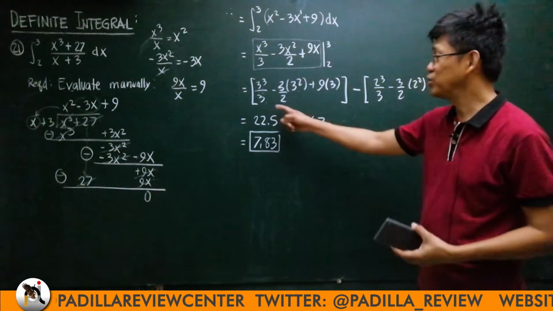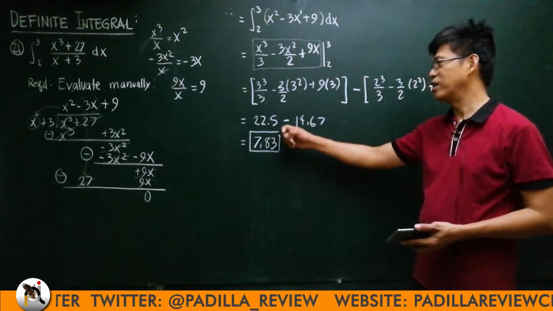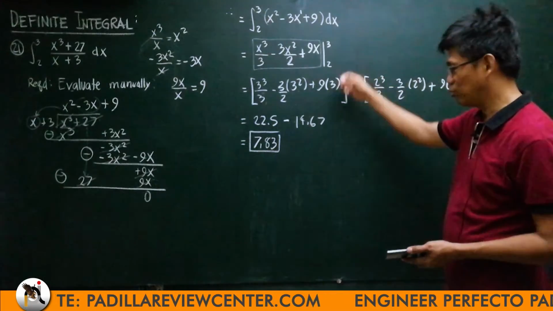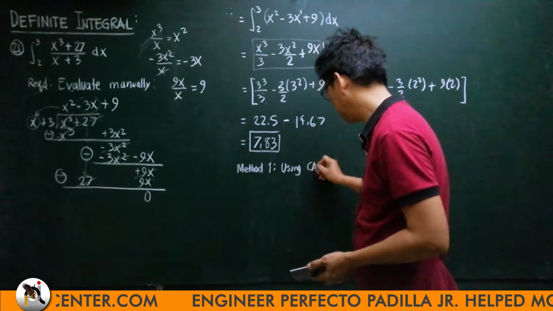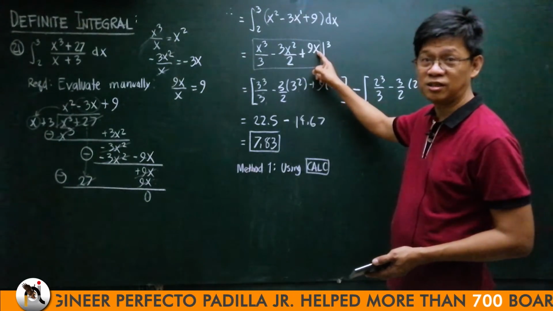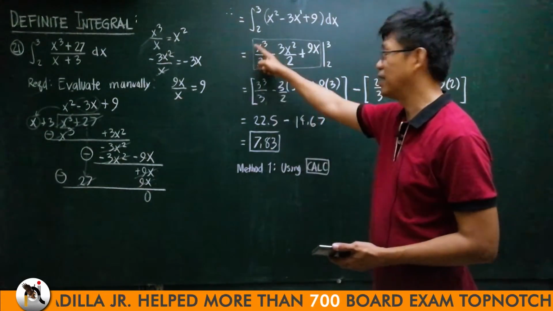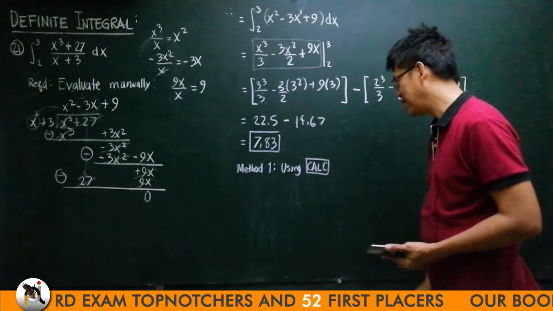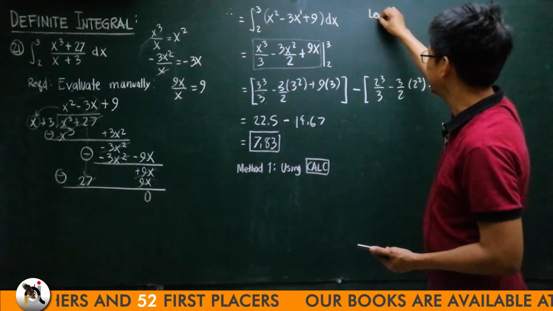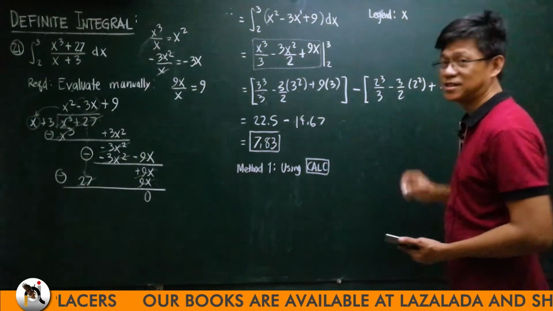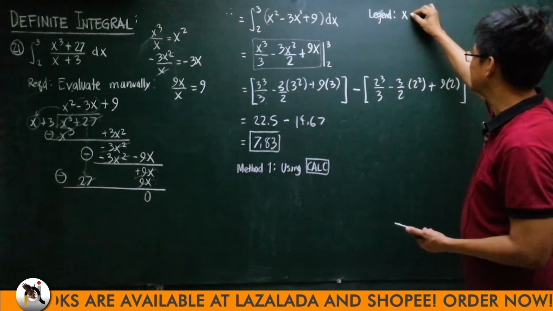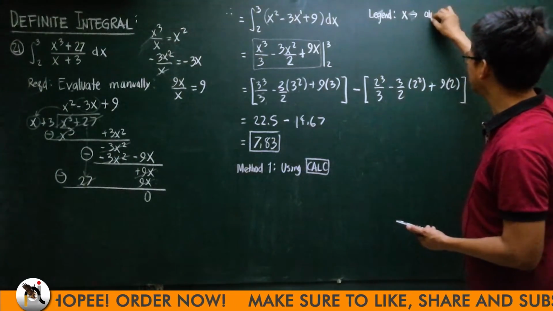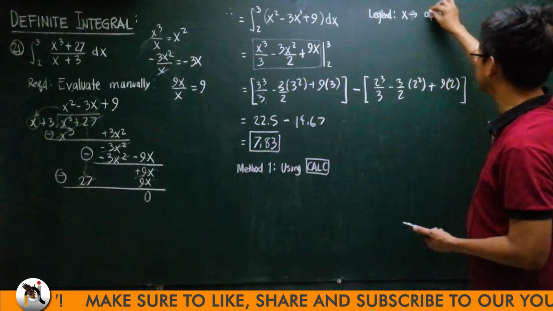You follow? Let me show again for those who are not yet knowledgeable in using the calculator. How did I do this? Method 1, using calc. So I input the function in our calculator. Let me do this step by step. If you want x in your calculator, the key for this is the alpha key, then close parenthesis.